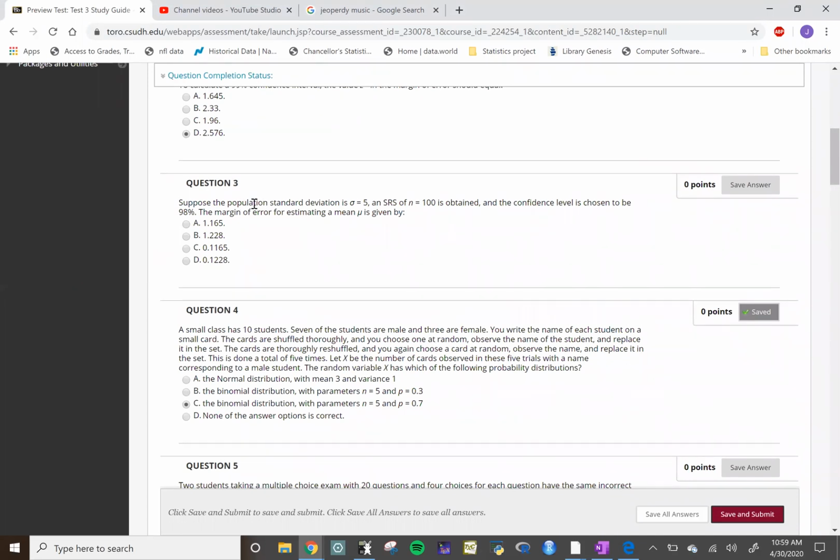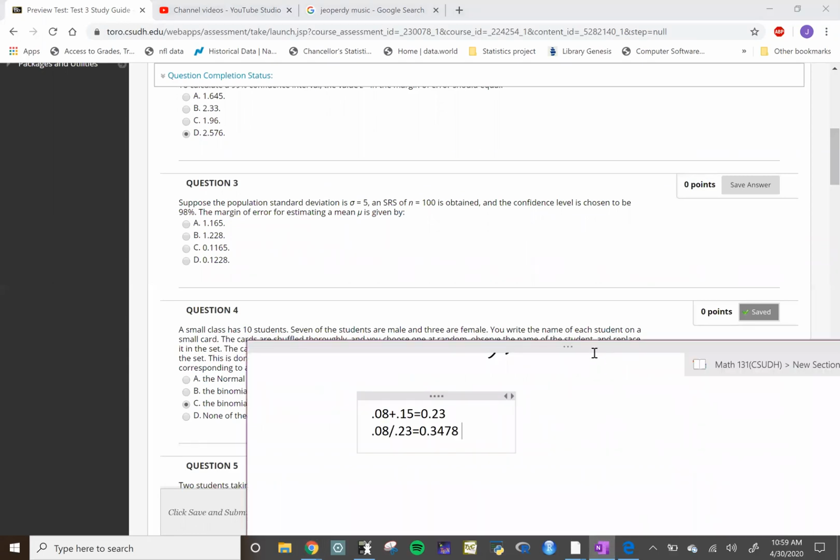Supposedly the population standard deviation sigma is equal to 5, a simple random sample of n equal to 100, and the confidence level is chosen to be 98%. The problem asks for the margin of error for estimating the mean mu.